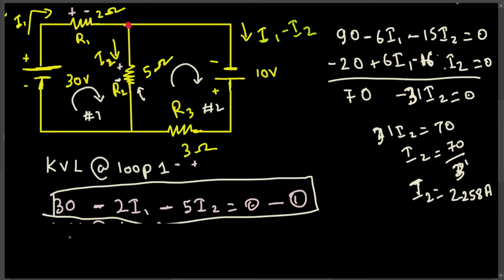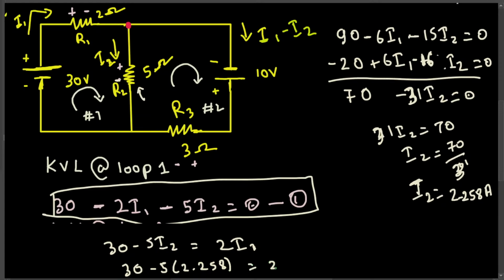So this one is what? This is 30. Let's rearrange this one in terms of i1. So this is going to be 30 minus 5i2 is equivalent to 2i1, and 30 minus 5 times, instead of i2, I put 2.258, is equal to 2i1.